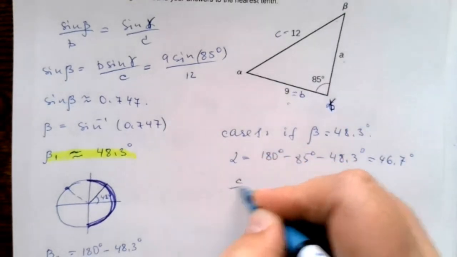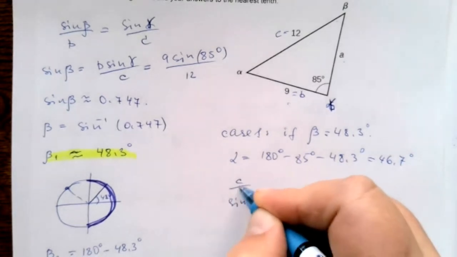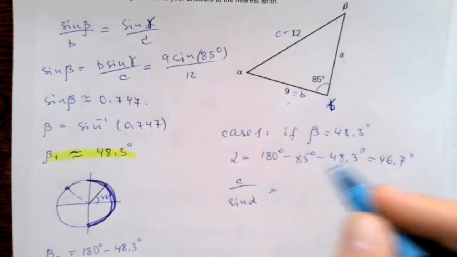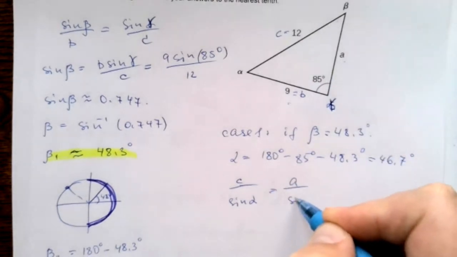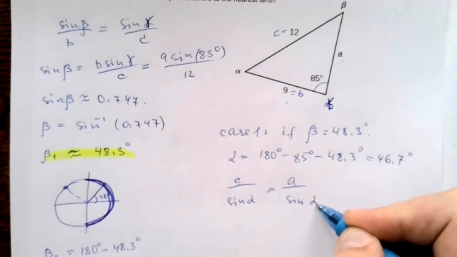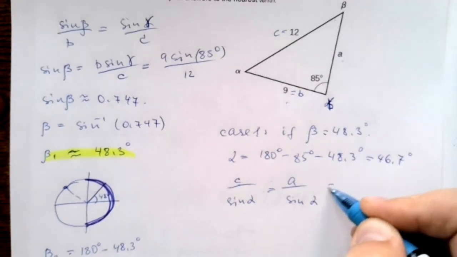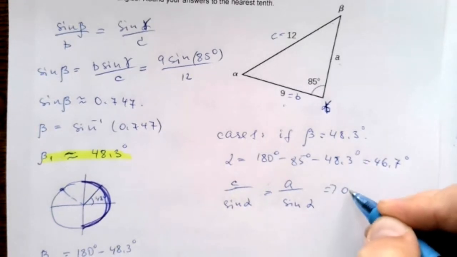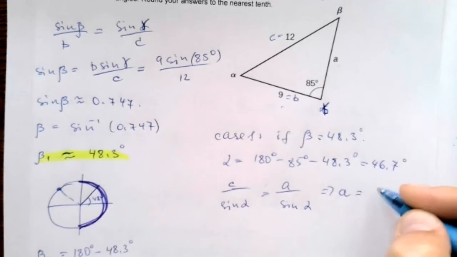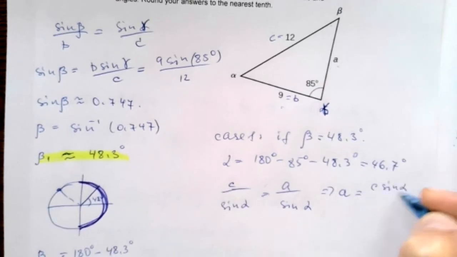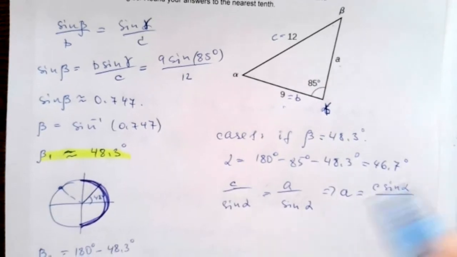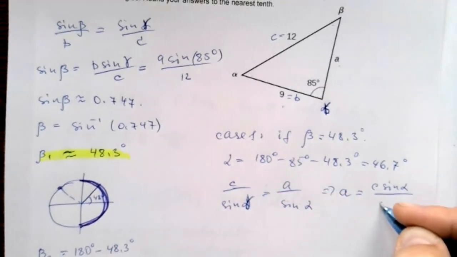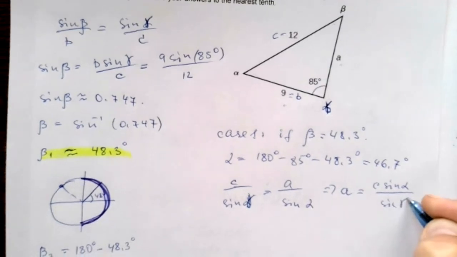So we have C divided by sine gamma, and I want to find side A. So it's A over sine alpha. So from here, I have A equals C times sine alpha divided by, I'm sorry, this is gamma, sine gamma.